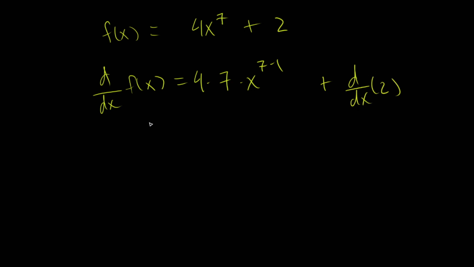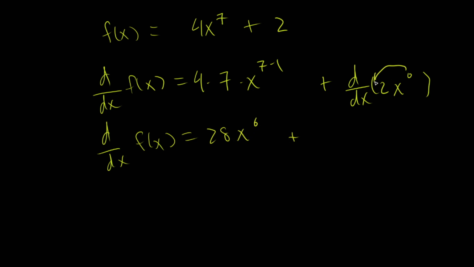We are not sure what this is yet. However, I can write this 2 as 2x to the power of 0, right? Because x to the power of 0 is just 1, and 2 times 1 is still 2. So this becomes 28x to the power of 6 plus, we drag the power down here, 2 times 0 times x to the negative 1. And anything times 0 is just 0.